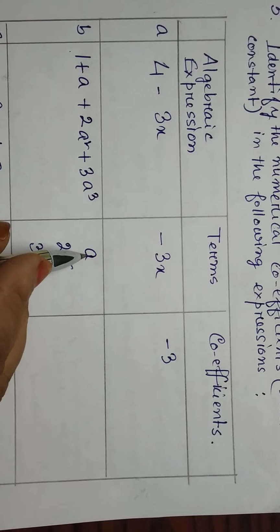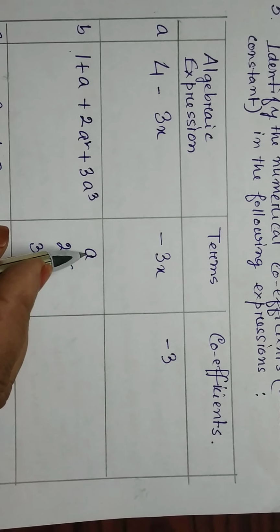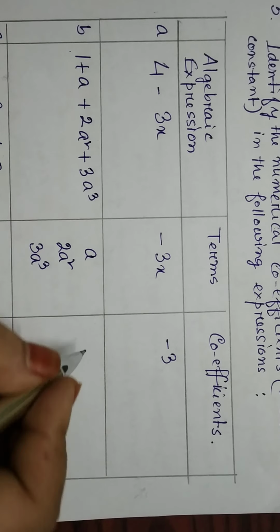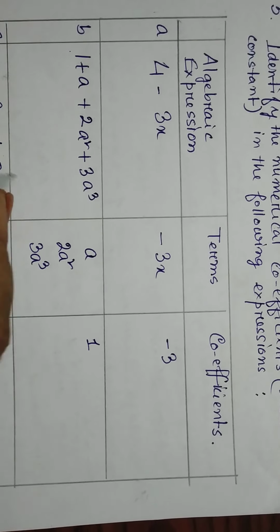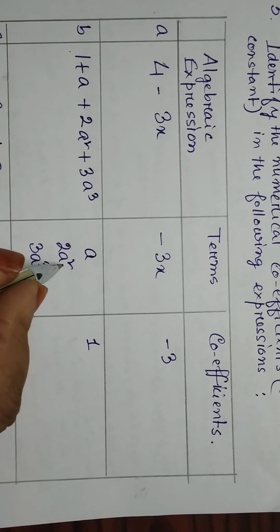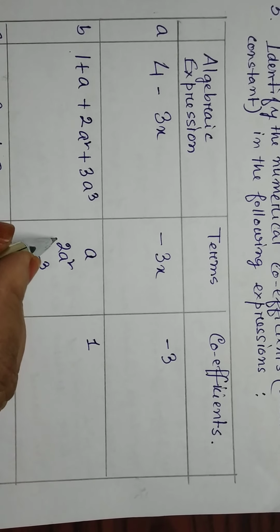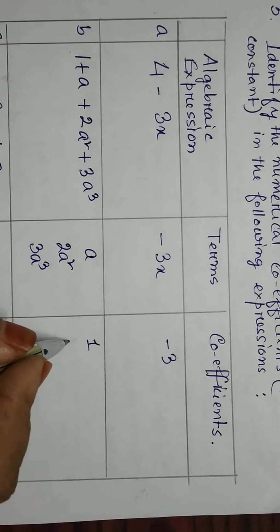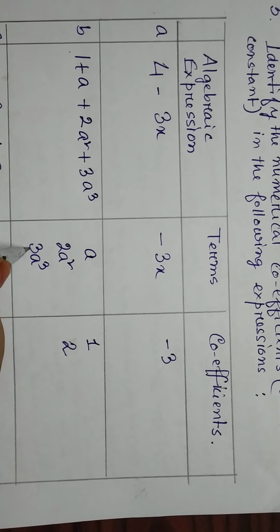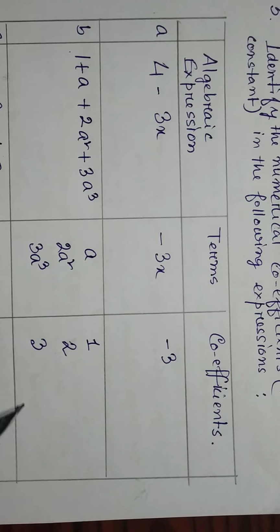And this a means what? 1 into a means a, therefore the coefficient of a is 1. And for a square, the numerical coefficient is 2, that's why 2. In this term the numerical coefficient is 3, therefore 3.